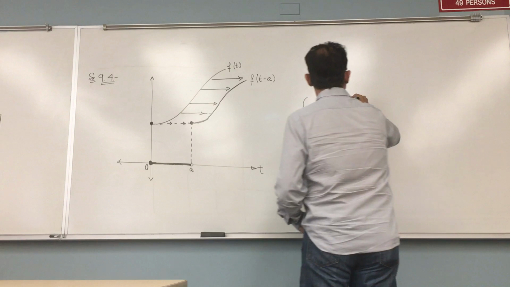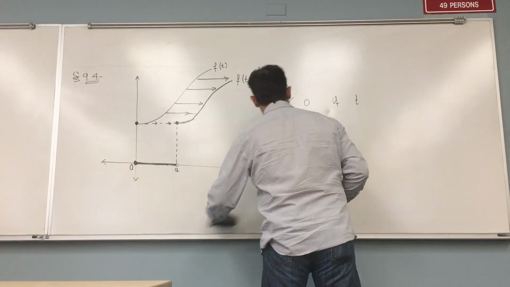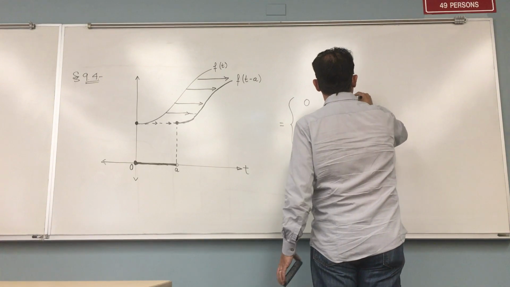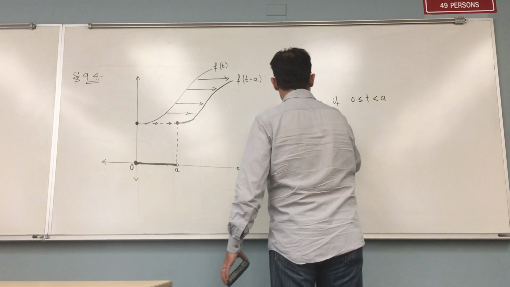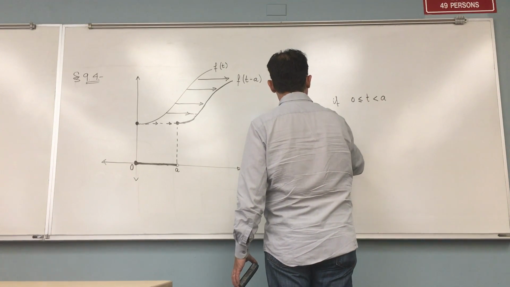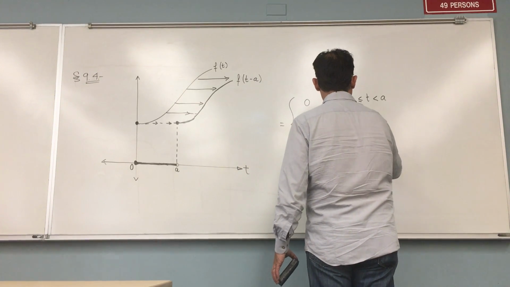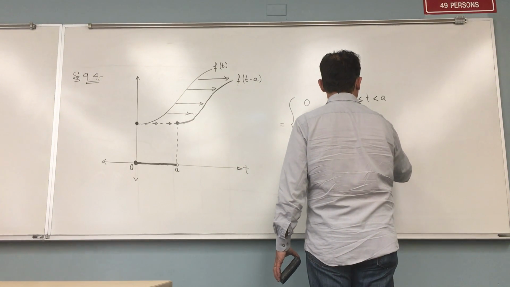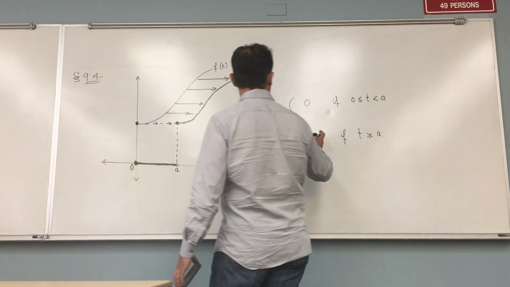0 if t is between 0 and a, and comes up to be f at t minus a if the values of the variable t are greater than or equal to a. And what would be that function?